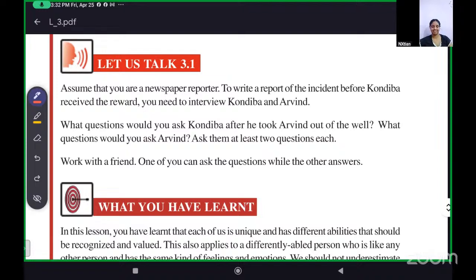Like, how were you feeling before Kondiba touched you or felt you like that? Okay, before he came to rescue you. Yes, Megan. I will ask him, how did you react when you came to find out that Kondiba rescued you a few minutes ago?